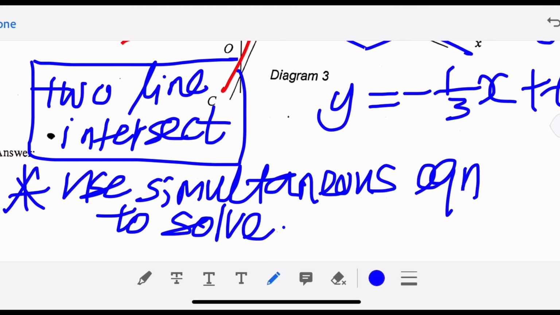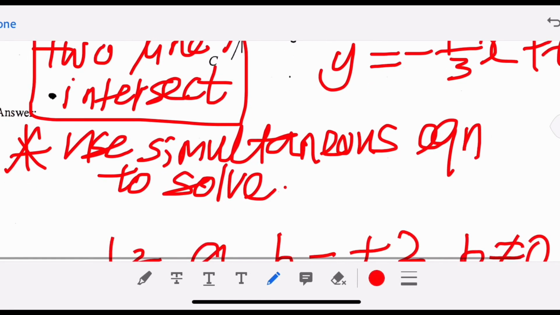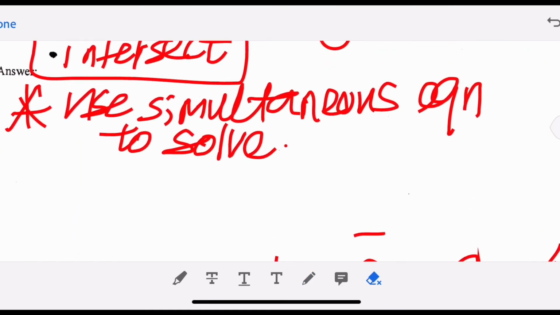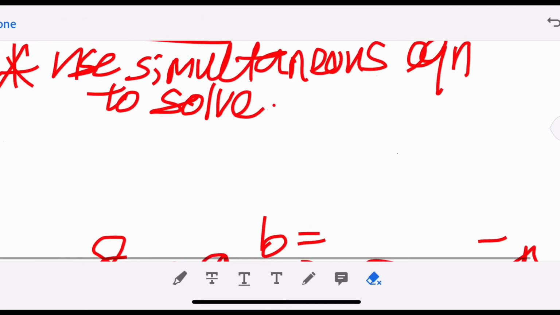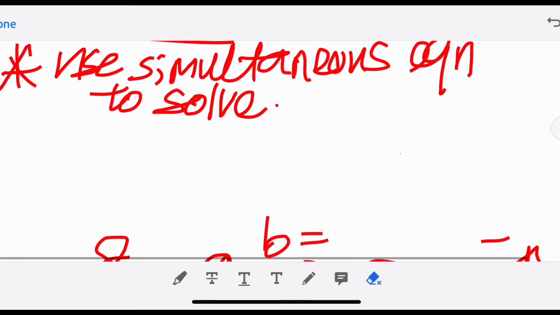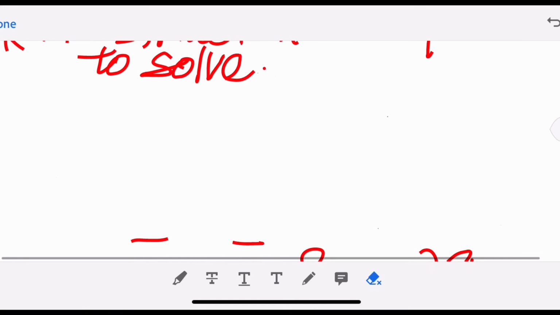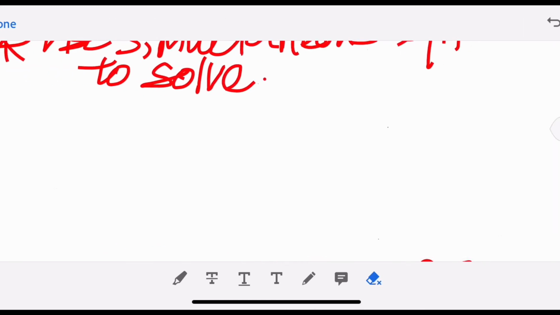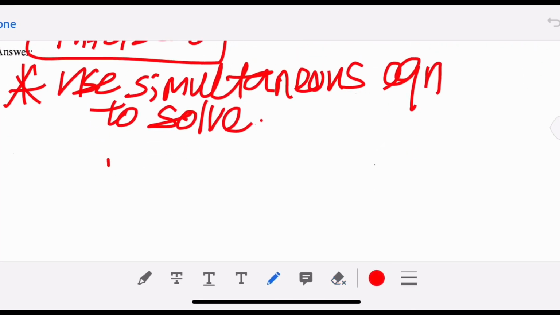Many of you cannot do this question because you forgot that when you see two lines intersect, you must use simultaneous equations. So you have to revise and prepare well for your exam. After you practice a lot, you can recall easily. The most important thing is to keep on practicing, practice and practice.